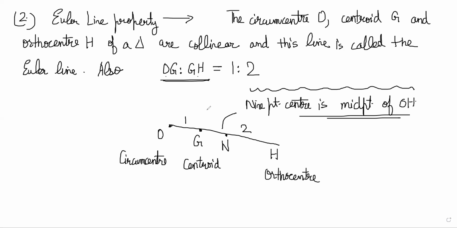It is available in standard textbooks. I would recommend reading S.L. Loney's Plane Trigonometry, chapter 15, which is on properties of triangles. In that chapter, we have a discussion of a basic trigonometric proof of these concepts. So you can try reading that yourself. Let's move on for now.